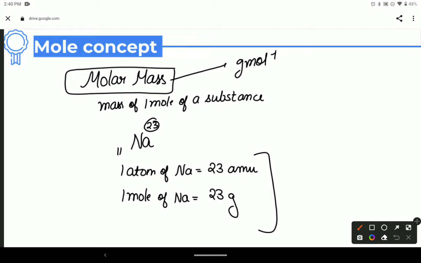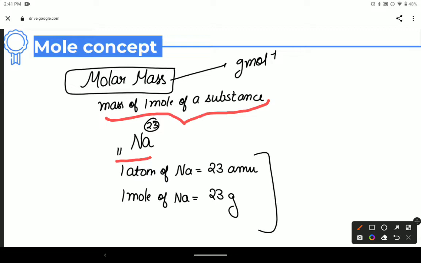See, mass of 1 mole of substance. Molar mass is defined as the mass of 1 mole of a substance. For suppose, let us take sodium 11, 23. Here it was clearly mentioned because many isotopes exist, you should particularly mention the element's atomic weight and number. Okay.